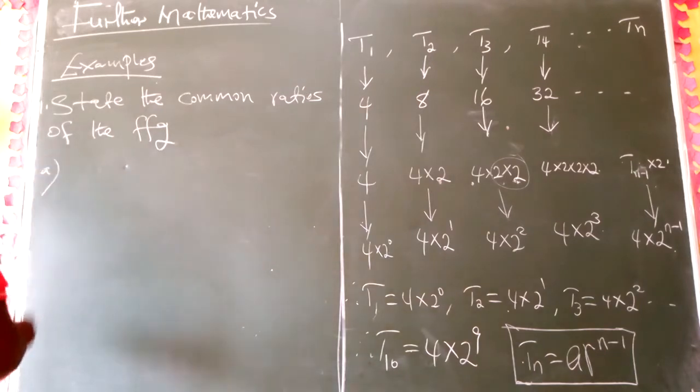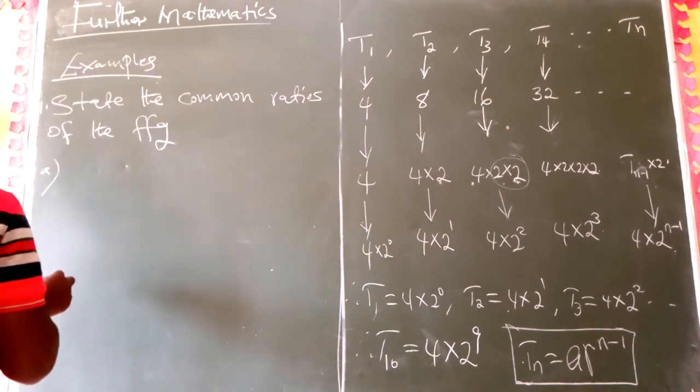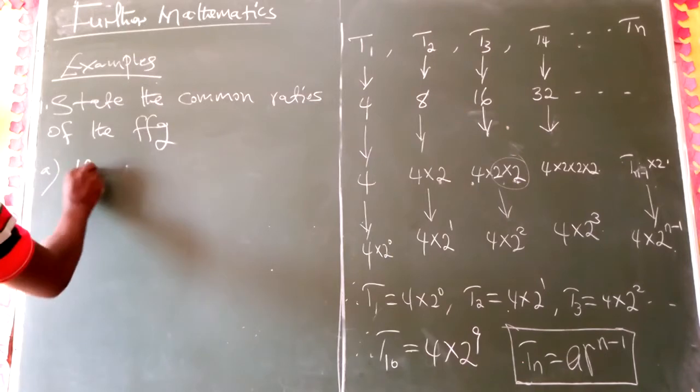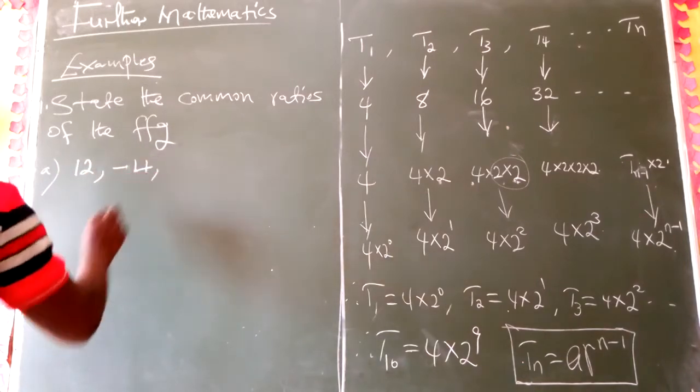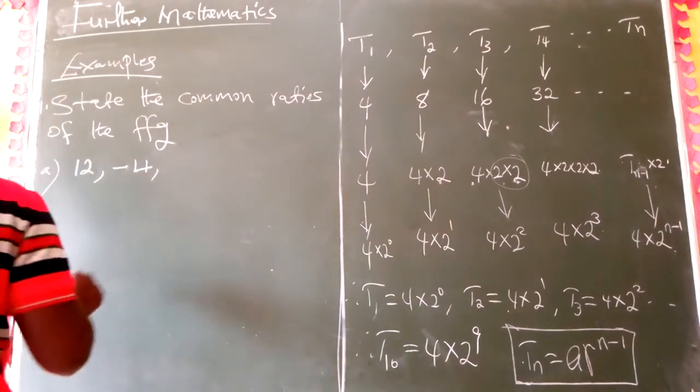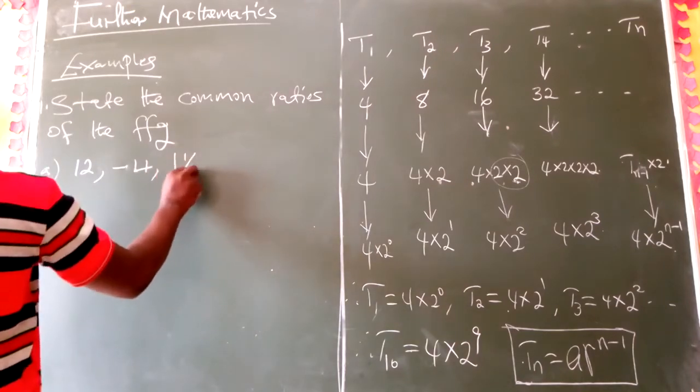The first one, we have 12, minus 4, 1 whole number 1 over 3. It's a GP.